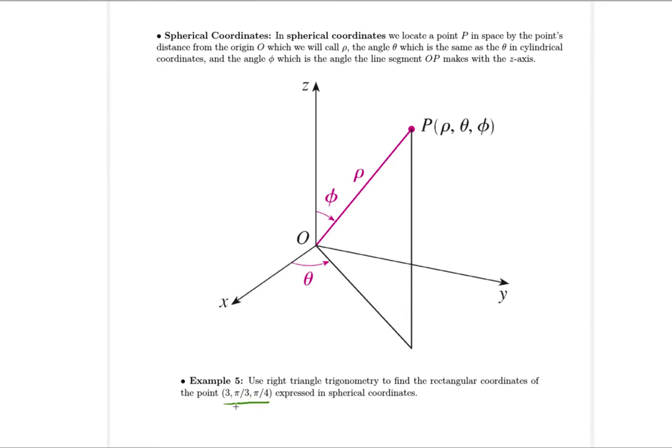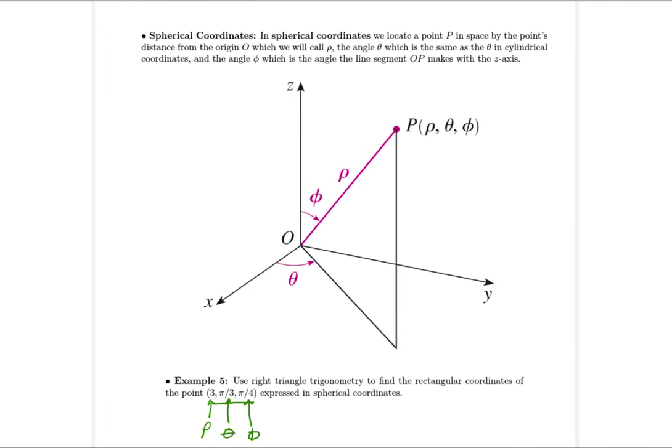Okay, so this is already in spherical, so you know that this is your rho, this is your theta, and this is your phi. And I want you to see if you can use trig in order to figure out what the x, y, and z of each of those are. So pause the video, give this a try yourself, and then you'll see my solution when you come back.